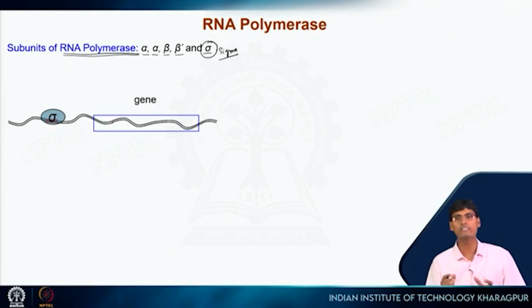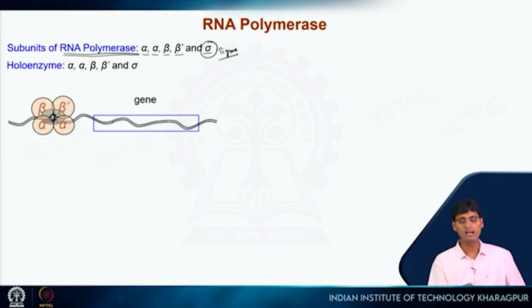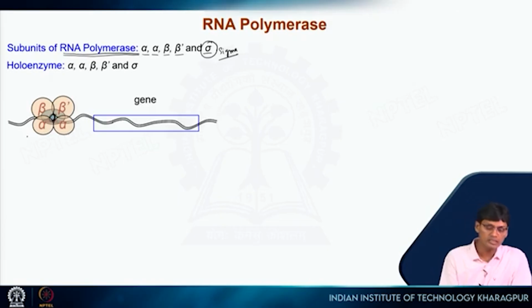It has some affinity: the sigma polypeptide can interact with the promoter sequence, and therefore it is recruited to the promoter site first, followed by recruitment of the other subunits like alpha, beta, and beta prime. And now this is the total RNA polymerase, right? This is RNA polymerase.